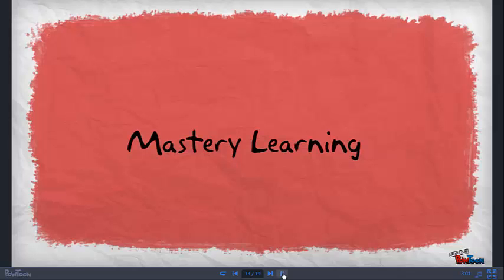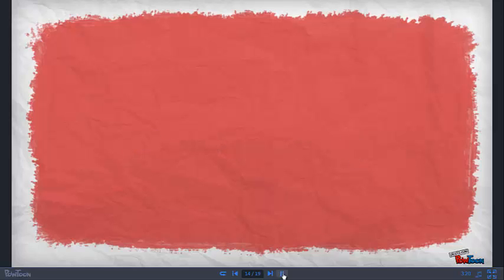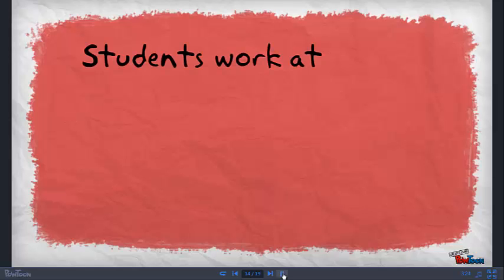Mastery learning takes it a step farther. Because each class has a vast range of abilities, I cannot expect each student to learn the needed material at the same speed. The basic idea of mastery learning is for students to learn the needed objectives at their own pace. Instead of all students working on the same topics at the same time, they work at their own pace to master the content.